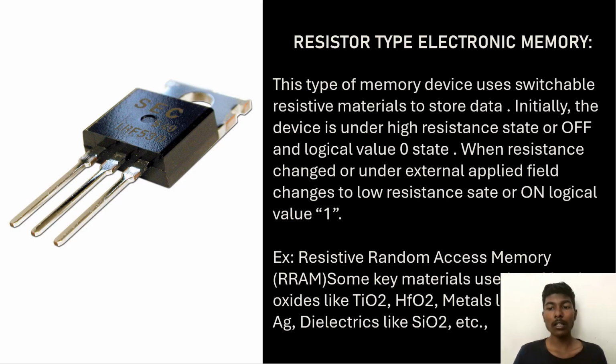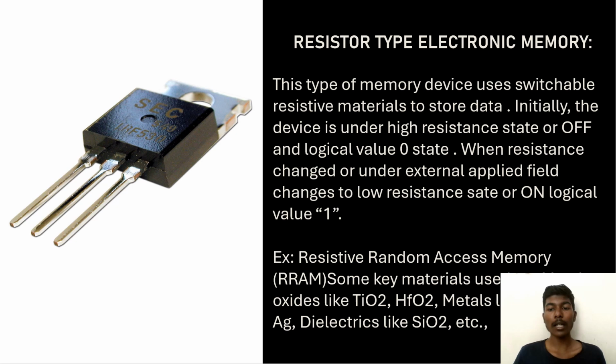Resistor type electronic memory. This type of memory device uses switchable resistive material to store data. Initially, the device is in a high resistance state, or off, logical value 0. When the resistance changes, or an external applied field switches it to a low resistance state, it is on, logical value 1.